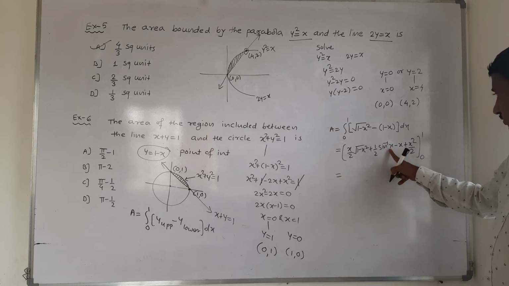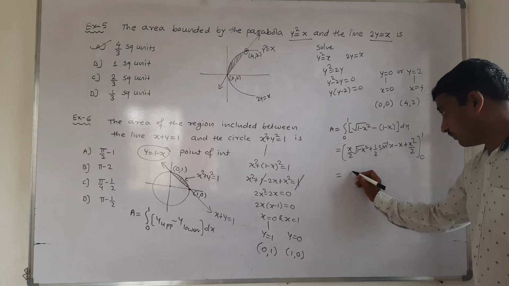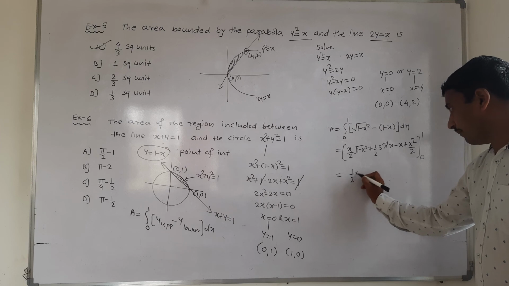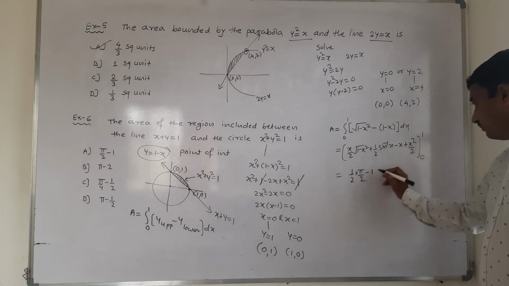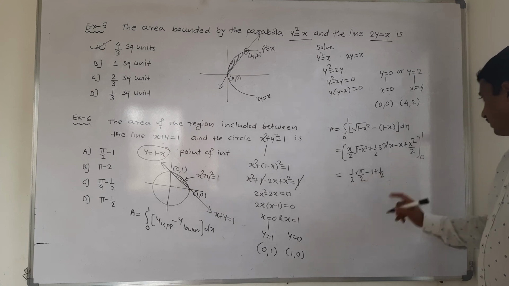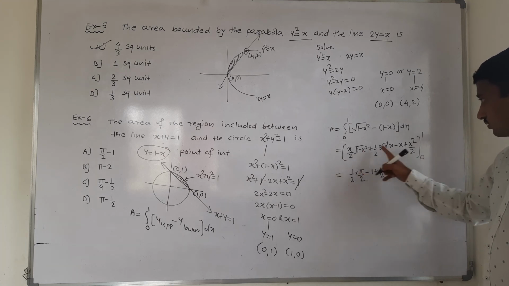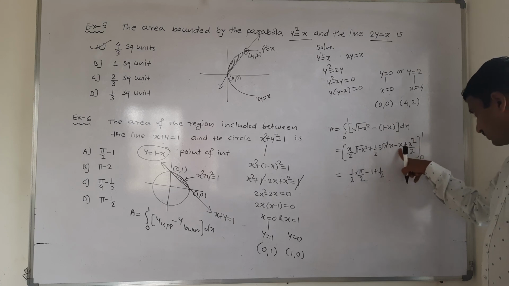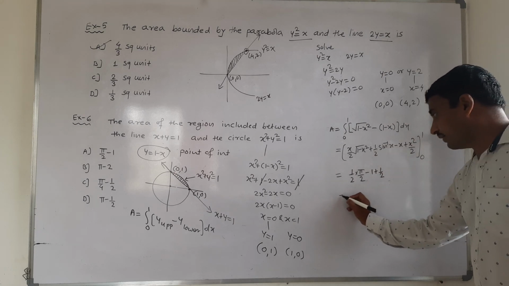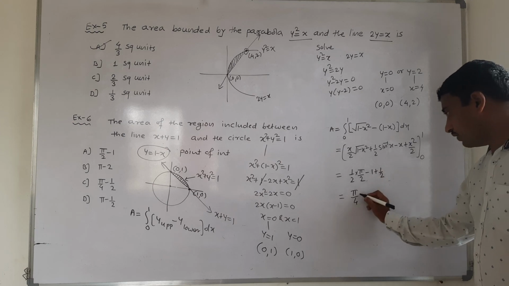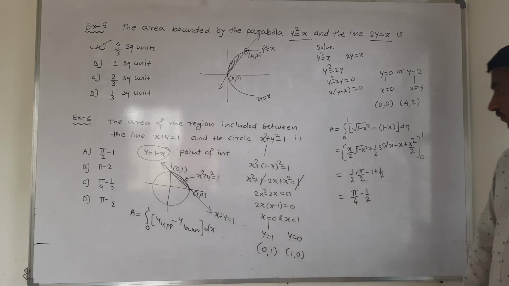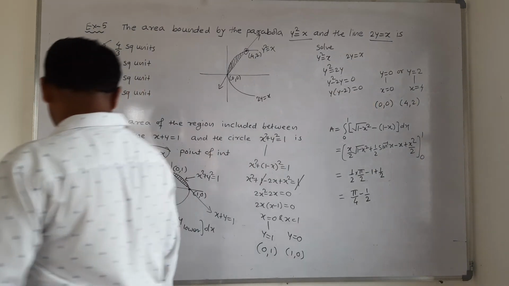Here x equal to 1, sin inverse 1 is pi by 2, so 1 by 2 into pi by 2. Here x equal to 1, minus 1 plus 1 by 2. Lower limit 0, everything is 0, neglected. Pi by 4 minus 1 plus 1 by 2, minus 1 by 2. Therefore pi by 4 minus 1 by 2, that is option C.